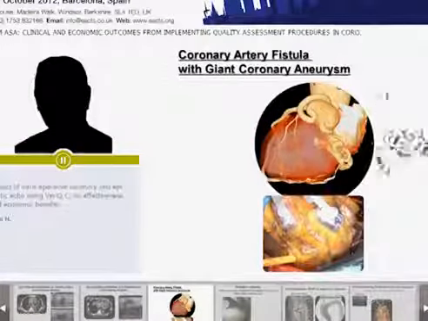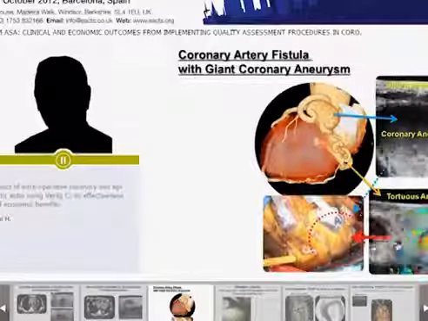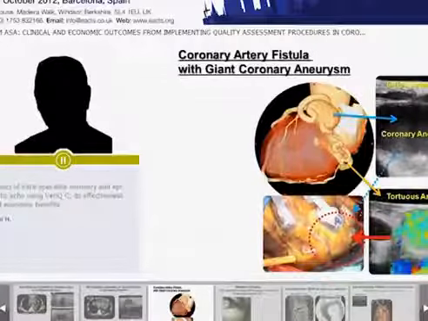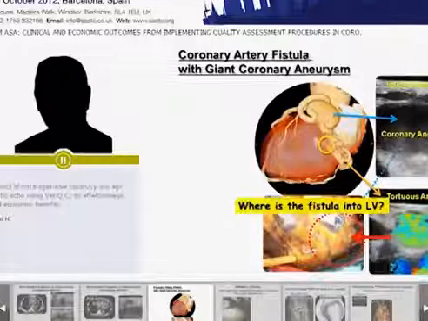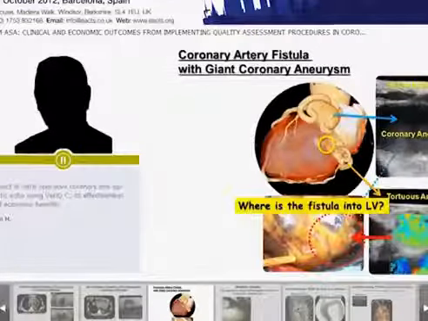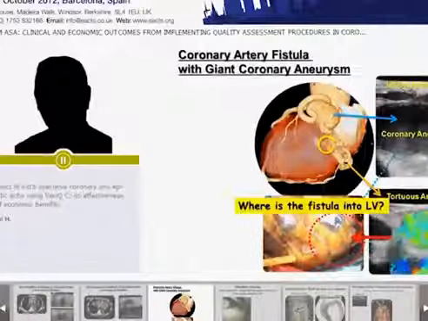And this is another interesting case. This is a coronary artery fistula with giant coronary aneurysms. You can see the inflow artery and the coronary aneurysm, and in this part there are tortuous arteries. I have to ligate this fistula, but there's dense fat over there, so I can't find the exact fistula artery.